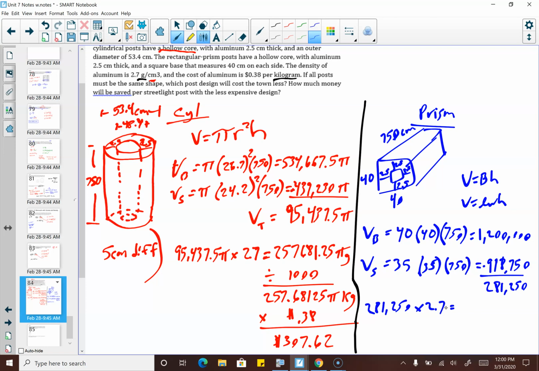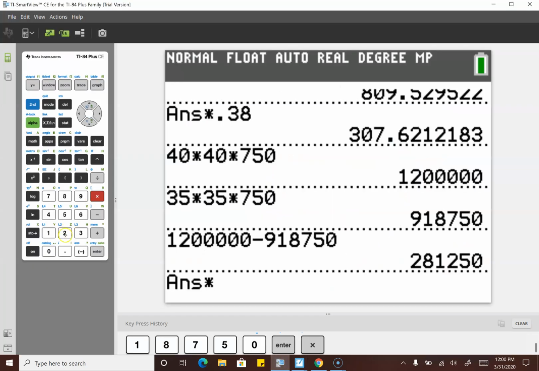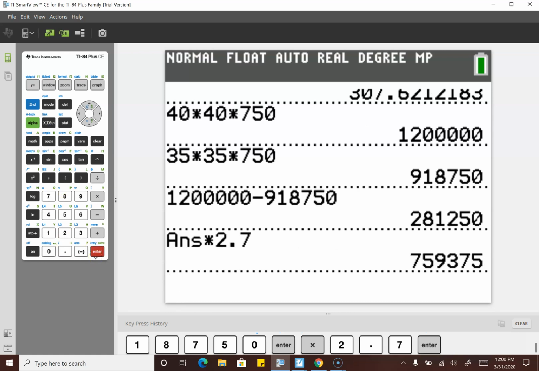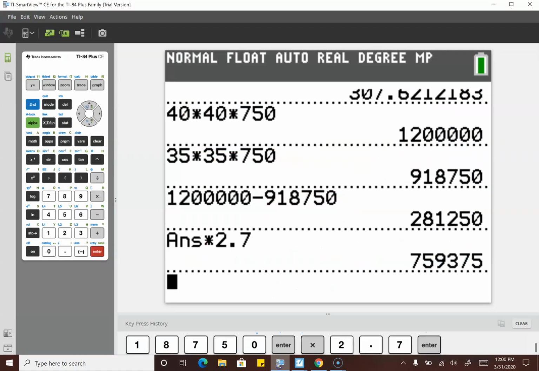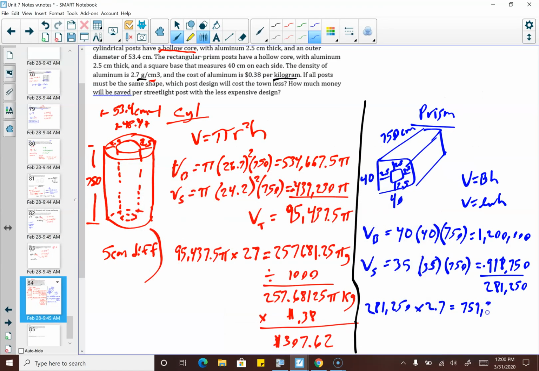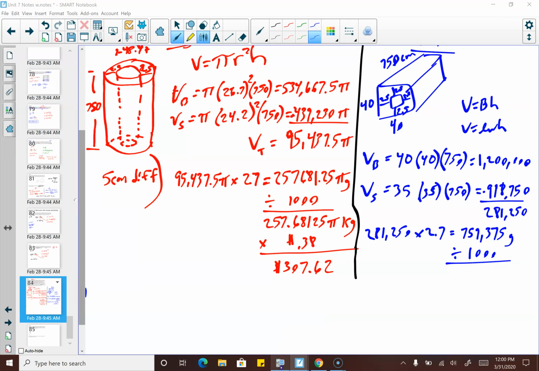So if we multiply that number by 2.7, that gives us a weight of 759,375 grams. Just like we did before, we'll divide it by 1,000 to put it into kilograms.